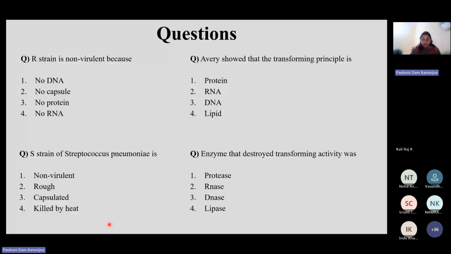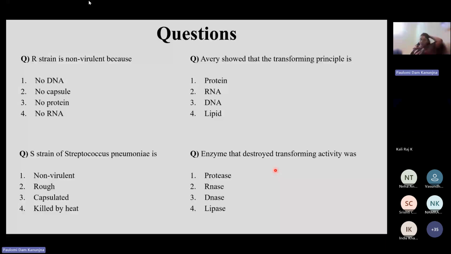So the first question here is, which strain of Streptococcus pneumoniae shows transformation, and which enzyme destroys the transforming activity?